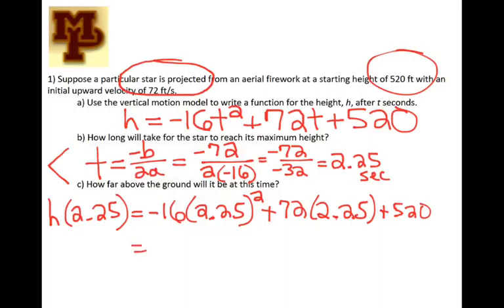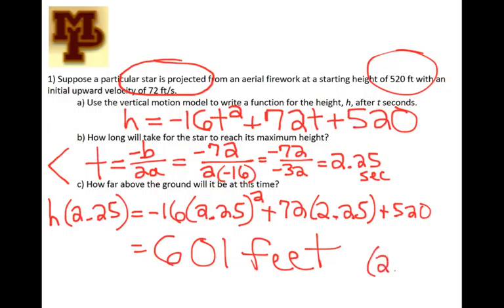So give me a sec to plug that in. So 601, so 601 feet. And if you put those two together, the vertex is 2.25, and then the y-coordinate is 601.